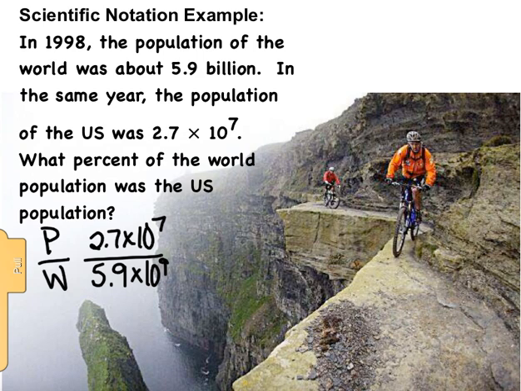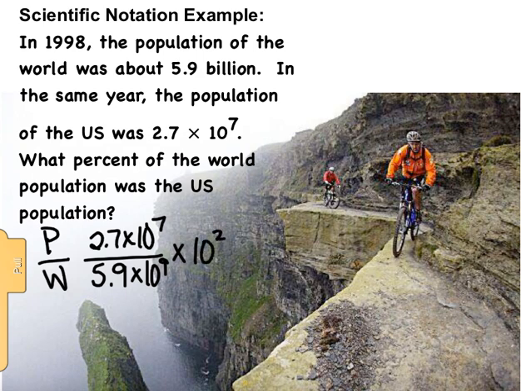Now, we need to divide, okay? But in order to get this into percent, we're going to end up with a small decimal that we need to then put into percent by multiplying by 100, which I'm going to show as 10 squared.